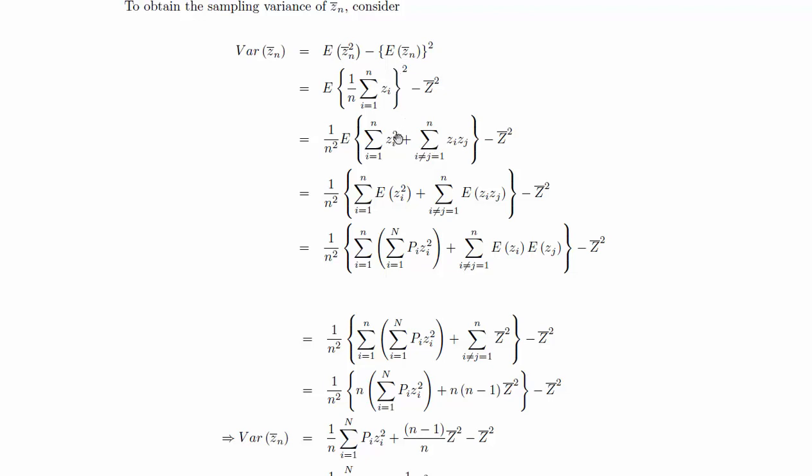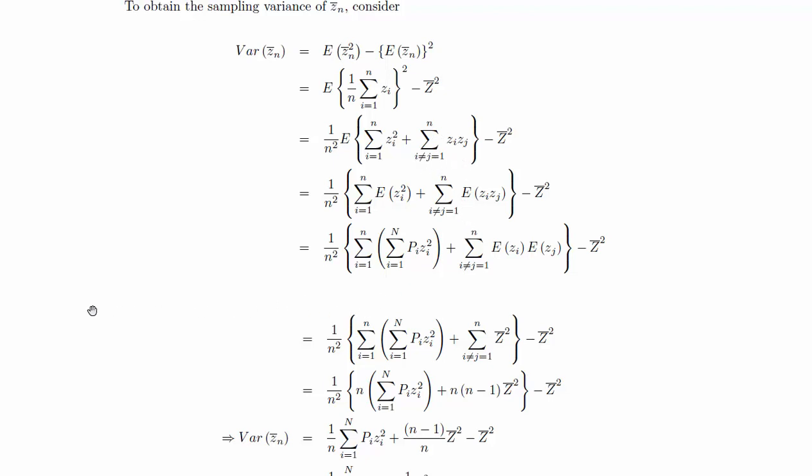This is the square part, and this is the cross product. a plus b whole square equal to a square plus b square plus 2ab. So these are the square terms, a square plus b square, and this is the term 2ab, zi into zj, zj into zi. That is why it is 2 times summation i not equal to j from 1 to n.